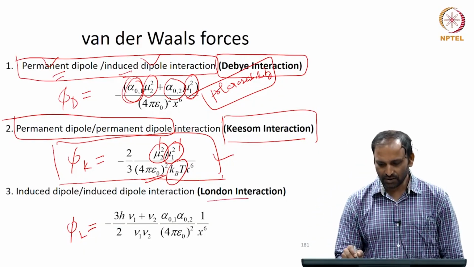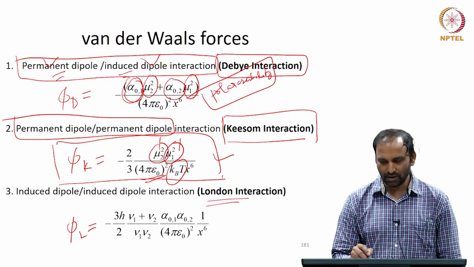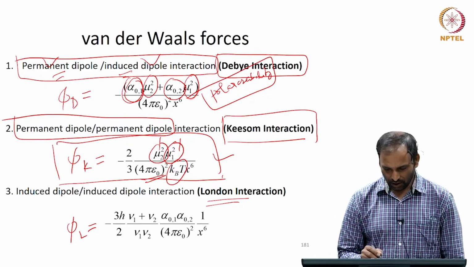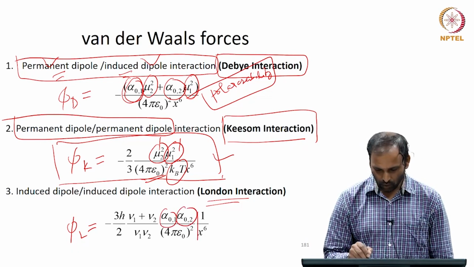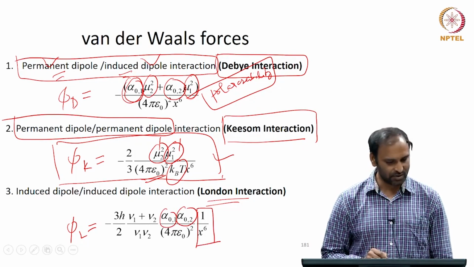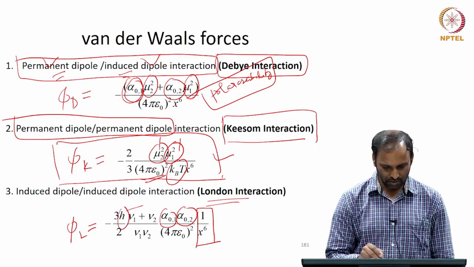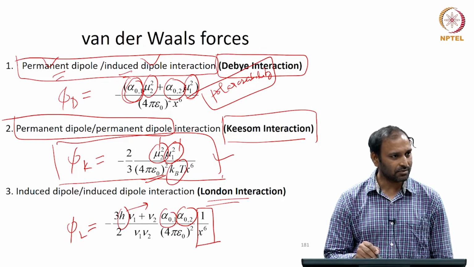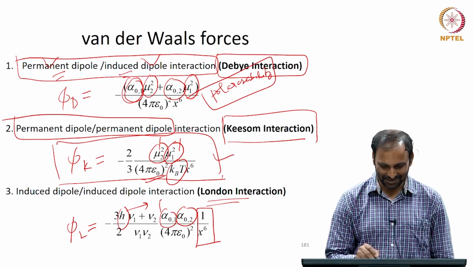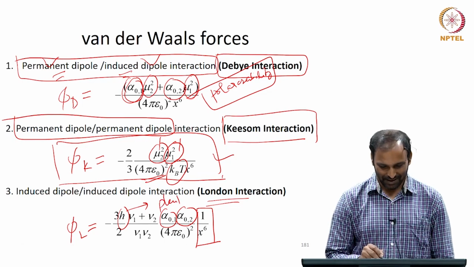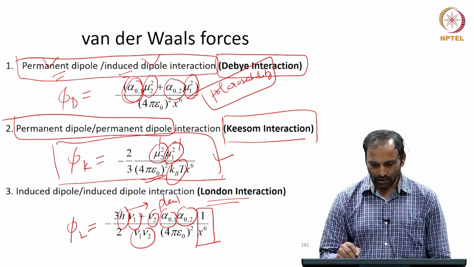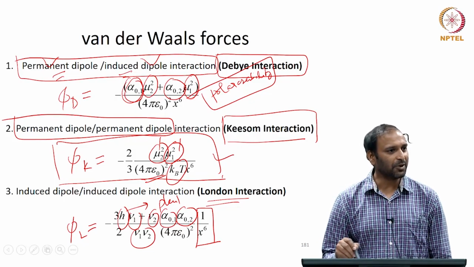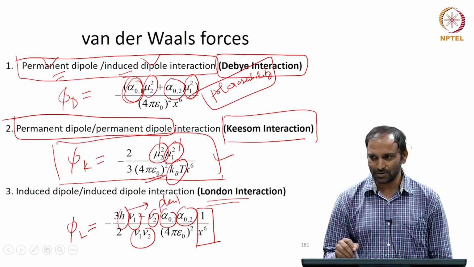And the third contribution is London dispersion forces. We know what alpha is now. Again, 1 over x power 6 dependence. h is Planck's constant, and nu 1 and nu 2 are the frequencies of vibration of the atoms and the molecules.